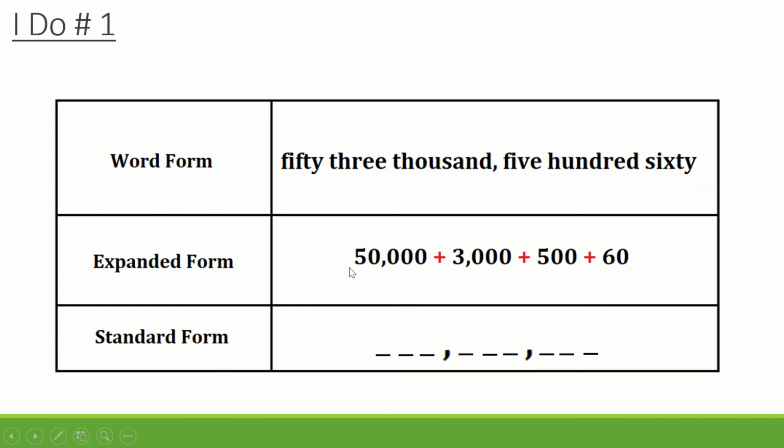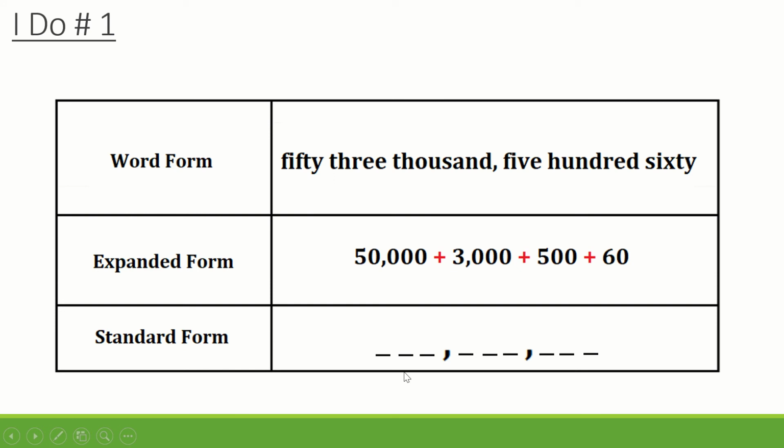So it's probably a little bit easier to just simply pull the digits from the expanded form. Here we have 50,000, and so I know that that 5 has a value of 5 10,000s. And that 5 needs to go in the 10,000s place.